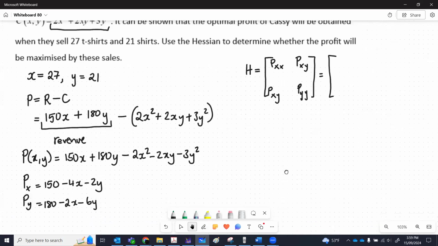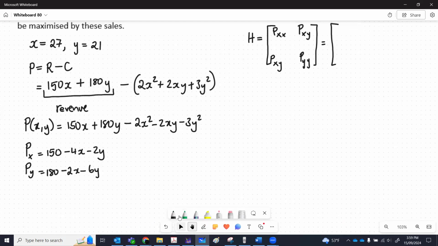We need the second order partial derivatives. So doing that is simple and straightforward. So we have Pxx. The derivative of 150 is 0 because there's no x, it's just a constant. The derivative of minus 4x is minus 4. The derivative of minus 2y is 0.